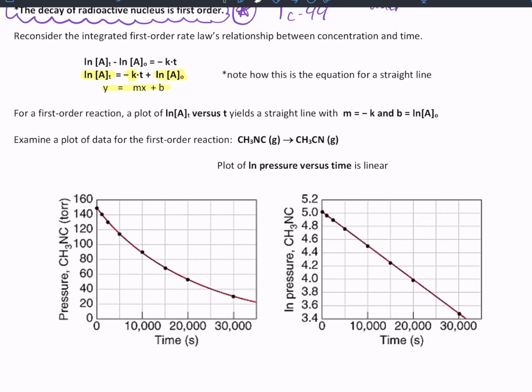If you plot this data, it's going to give you a straight line graph. Take a look. This one is natural log of pressure of CH3NC versus time, and you can see that the natural log is going to give you a straight line graph. So that means it's going to be first order.